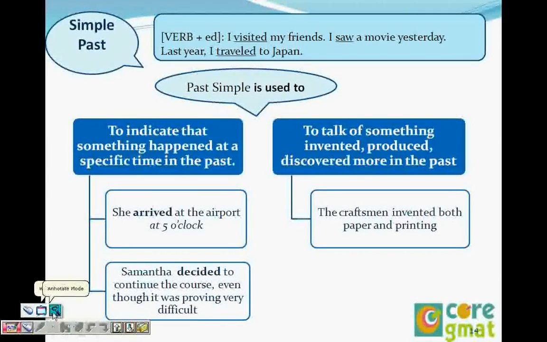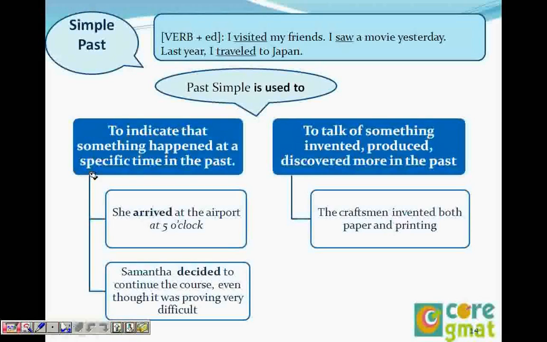Okay. Then past simple. Now, what is the past simple tense? First of all, anything that happened and finished in the past has nothing to do with the present.